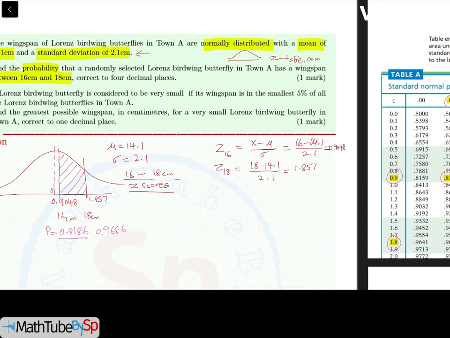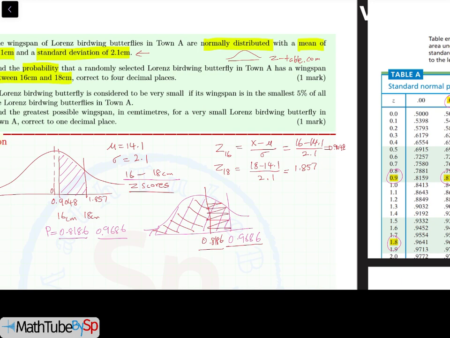Now I have to find the difference of these two to find the area, because from negative infinity up to here is 0.9686, and up to here is 0.8186. If I subtract 0.8186 from 0.9686, I will get the required area, correct?